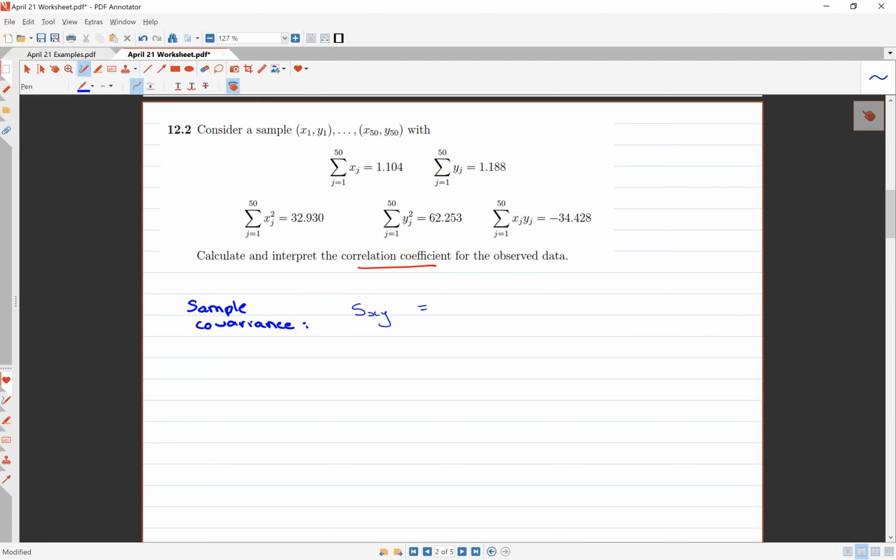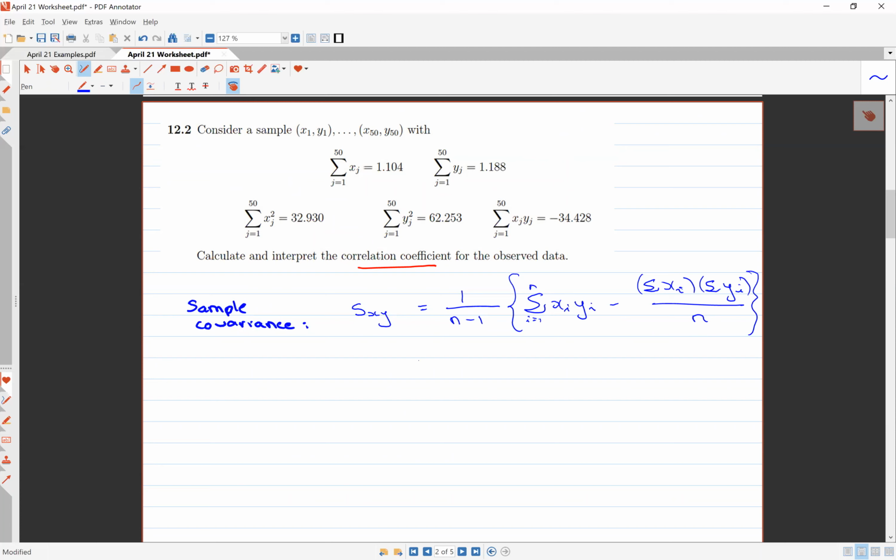And I'll just write down the formula this time. It was in the lecture from yesterday. It's 1 over n minus 1, the sum of the product XY pairs minus the sum of the X's times the sum of the Y's over the sample size.